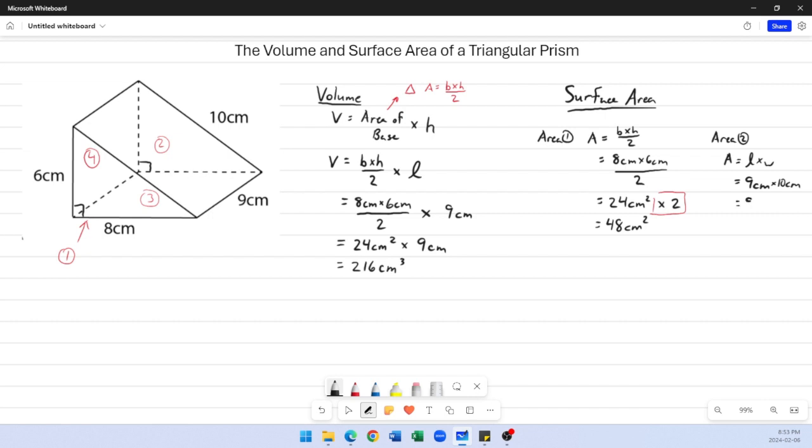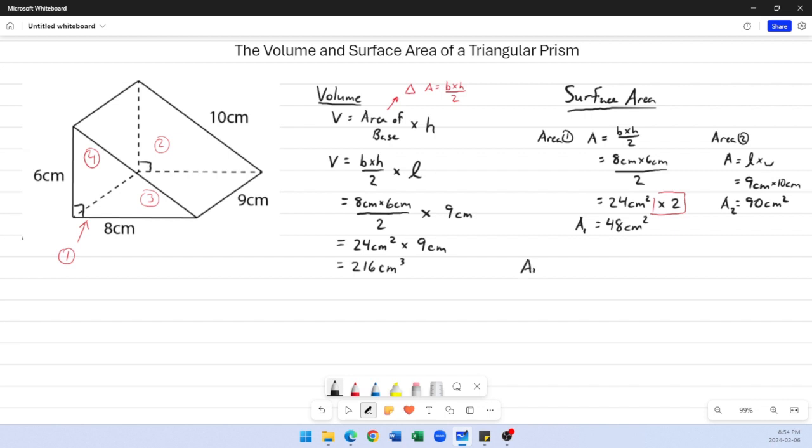And a little quick number crunching, that's 90 square centimeters. If you'd like, put a little 1, a little 2, to say that's the area of side 2, area of side 1.